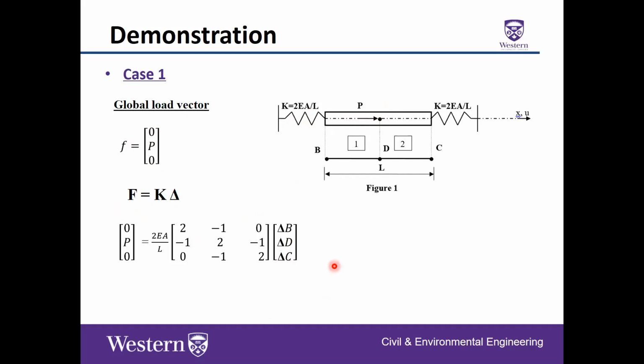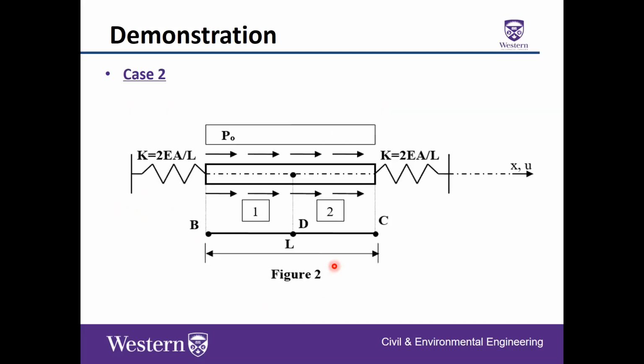That is fantastic. All right. The second load case has the same structure, but instead of having a concentrated load P acting on the joint in the middle, which is D, we will have a uniformly distributed load, which is P node.